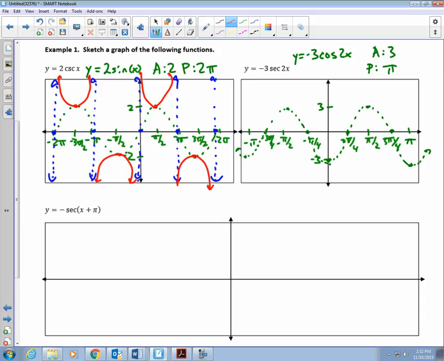Yeah. All right. There we go. Through the middle.